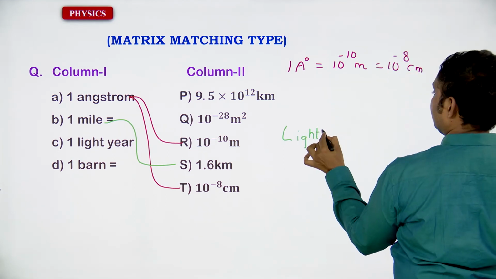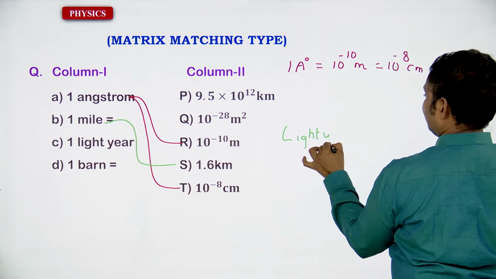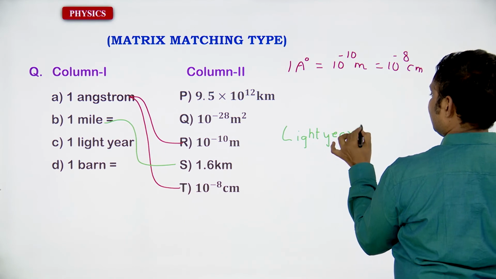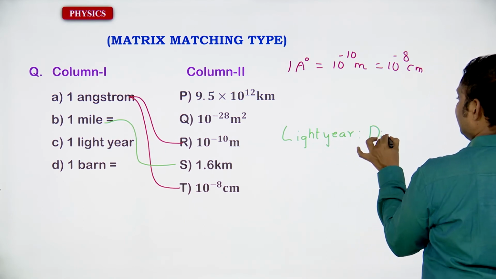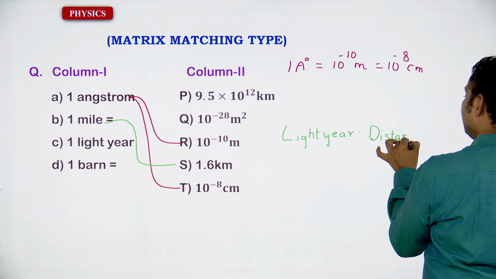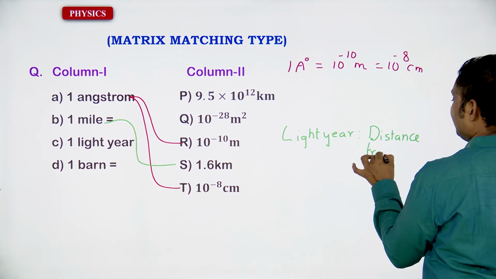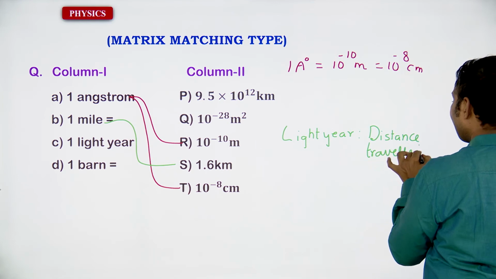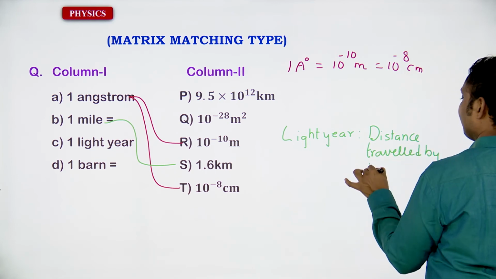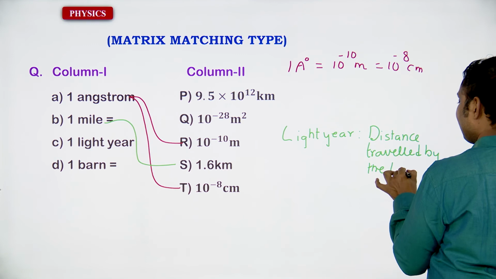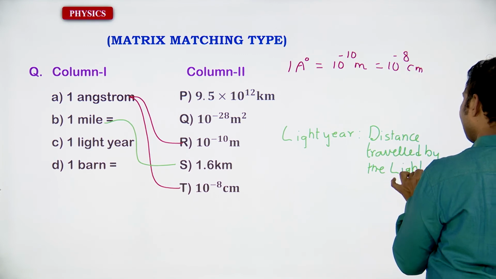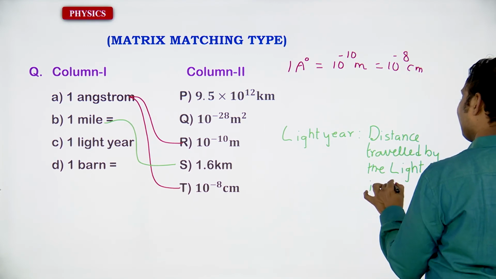So, light year: it is identified as the distance traveled by the light in 1 year.